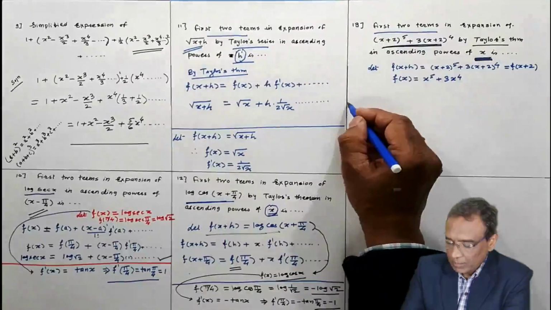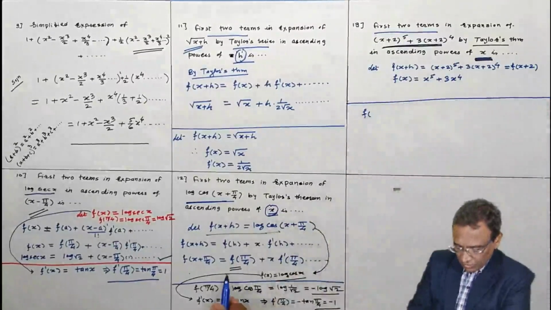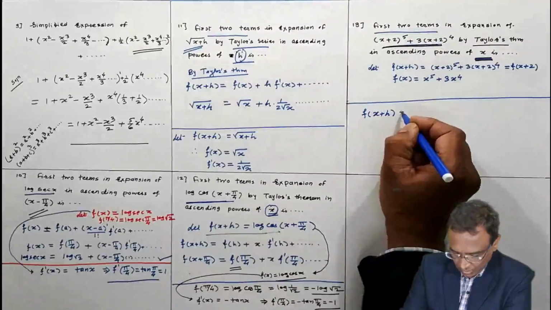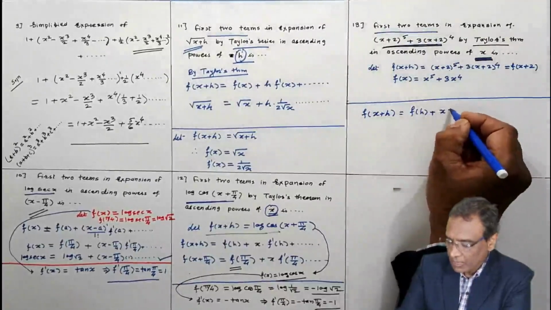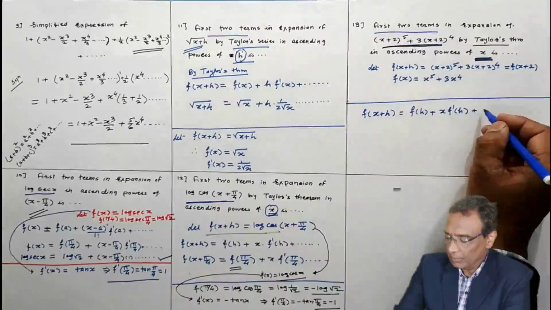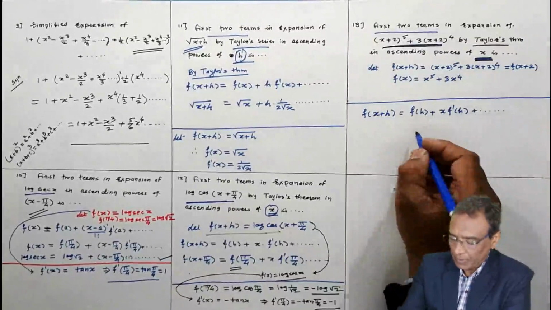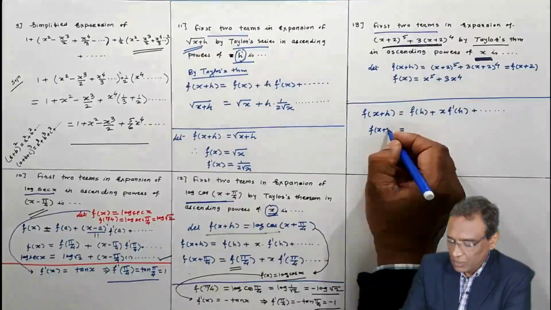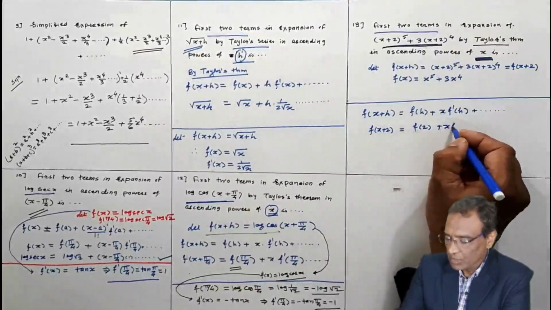The Taylor series I am writing: f of x plus h is equal to f of h plus x f dash of h plus x square by factorial 2 f double dash of h, which is not required because up to two terms. Here h is 2 in this problem.